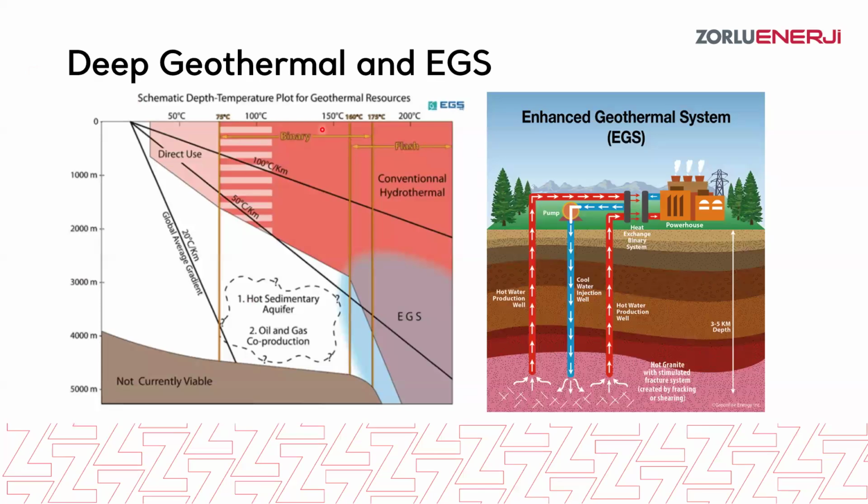And in here on the left side, you are seeing the potential, on average, or the general overview of the conventional field direct use applications. Okay, in the x-axis we have temperature. In the y-axis, we have depth. And as you can see, we are also seeing that average geothermal gradient. And above that, we have direct use applications in a small region, okay?